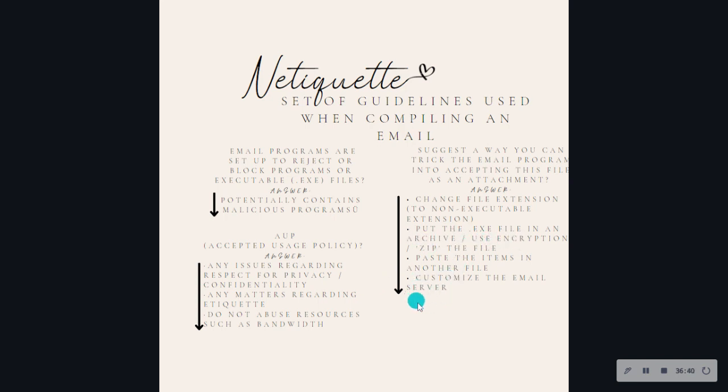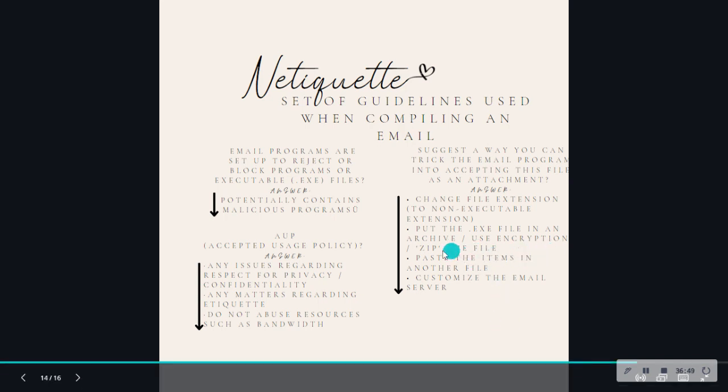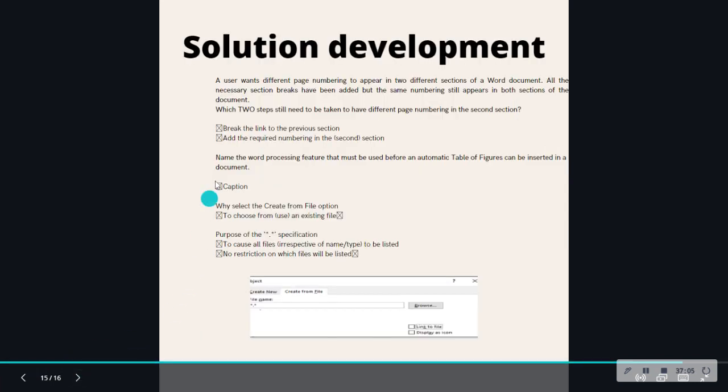So save it as a compatible version. Put the .exe file in an archive and use encryption, like zip the file. You can also paste the items in another file, or you can customize the email server. So that's all basic things you can do to trick it and to still be able to send that email.